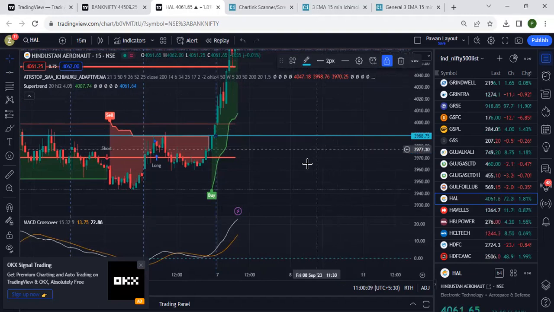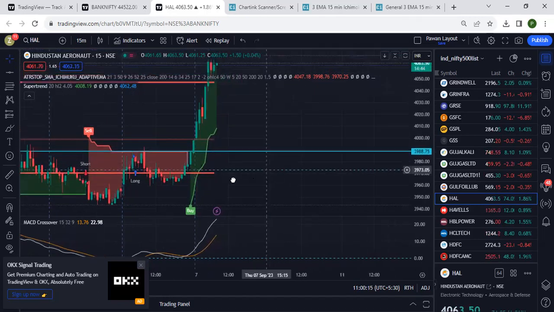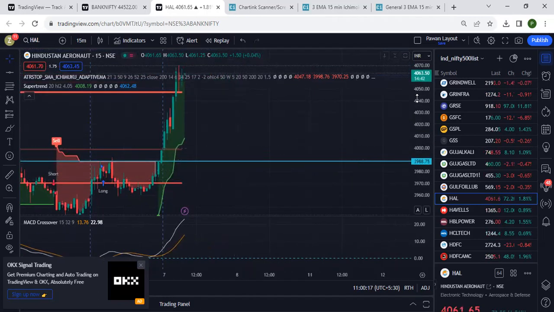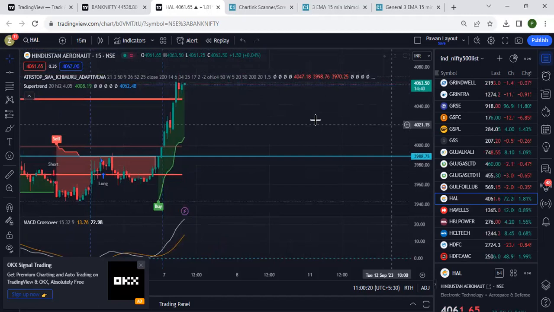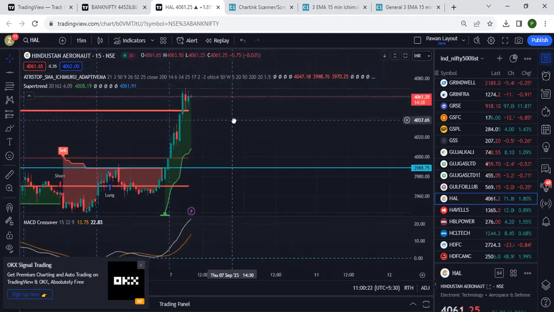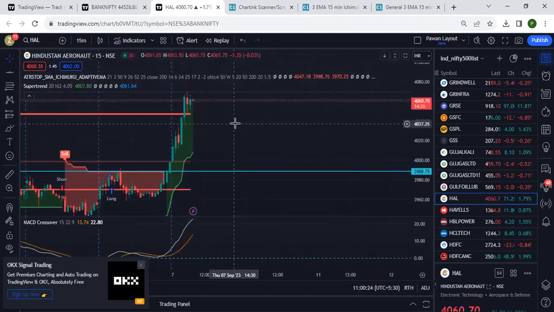This is the ideal entry price, and just see the potency of the MACD, thereby the stock is moving upward, and there is no negativity in this particular stock.